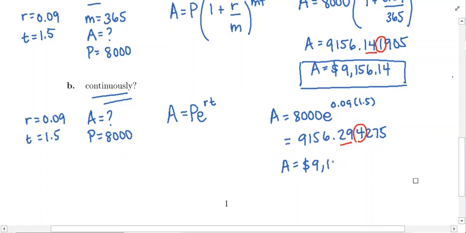So our account balance after the 1.5 years will be $9,156.29. So not a huge difference at all, unfortunately. So that's how you work with the PERT formula. And let's go ahead and try a couple more problems.